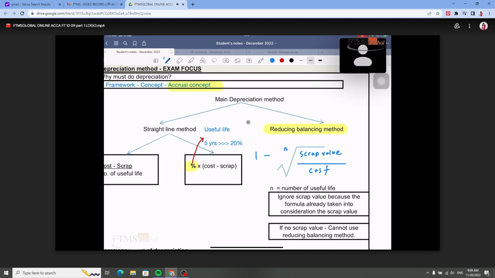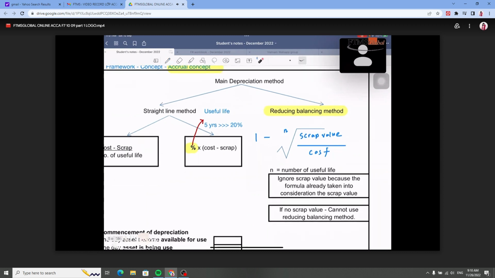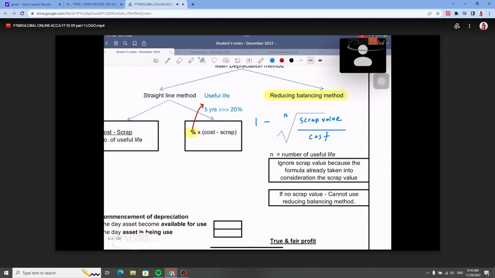As I said just now, you are not required to know this formula. I show it to you for another reason. Your teacher will have told you that if you are using the reducing balance method, you ignore scrap value. But what's the reason for ignoring it?